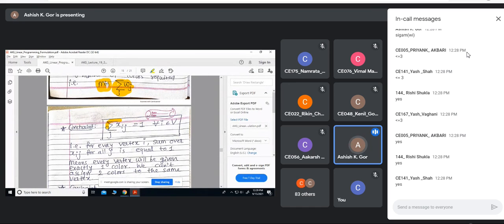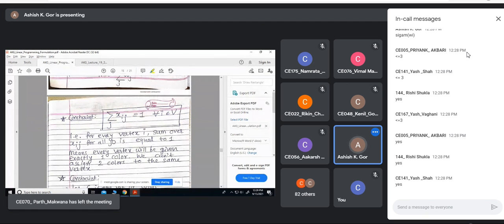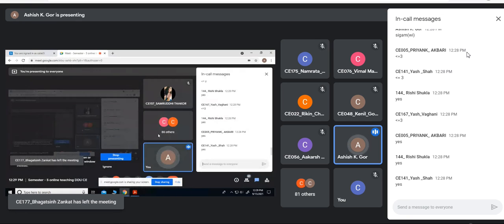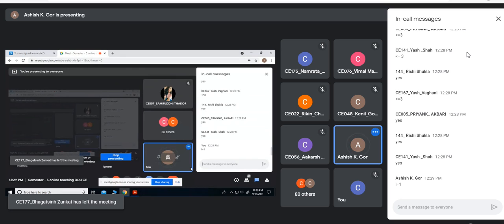Sigma xij is equal to 1 for all i belongs to V. The summation is over j. So what does this try to say? Keep i fixed. For example, let me take i equal to 1.